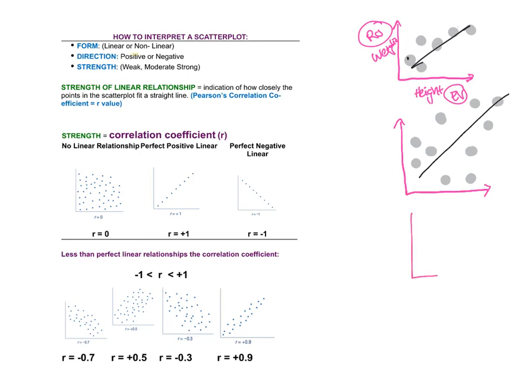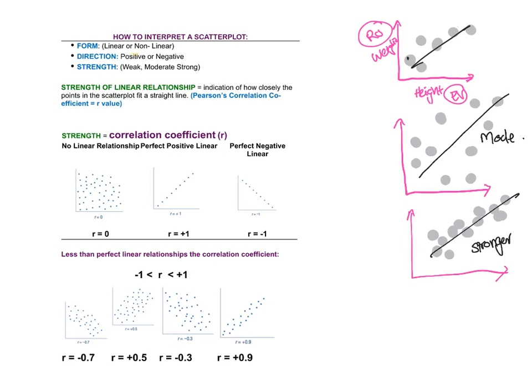But if you saw a scatter plot where the dots are closer to your line of best fit, this one is a stronger relationship between the two variables than this one, which is maybe moderate or weak. We've got a couple of examples down here, and we also have a value that we can find that will tell us exactly what strength category to put it in.